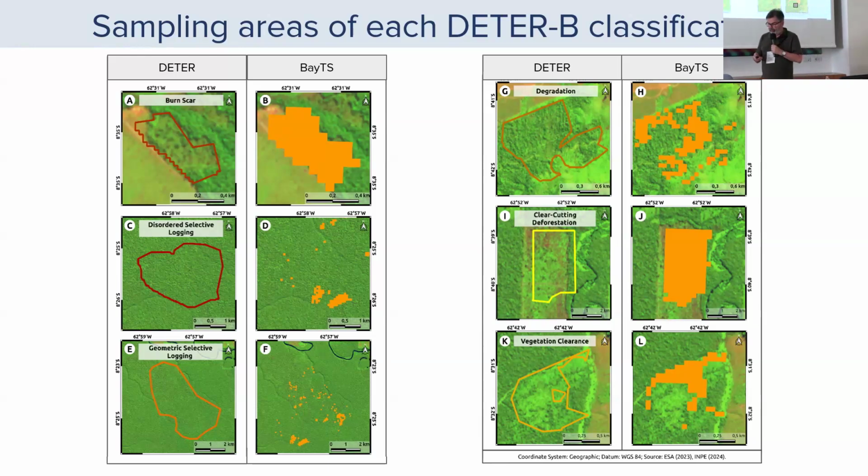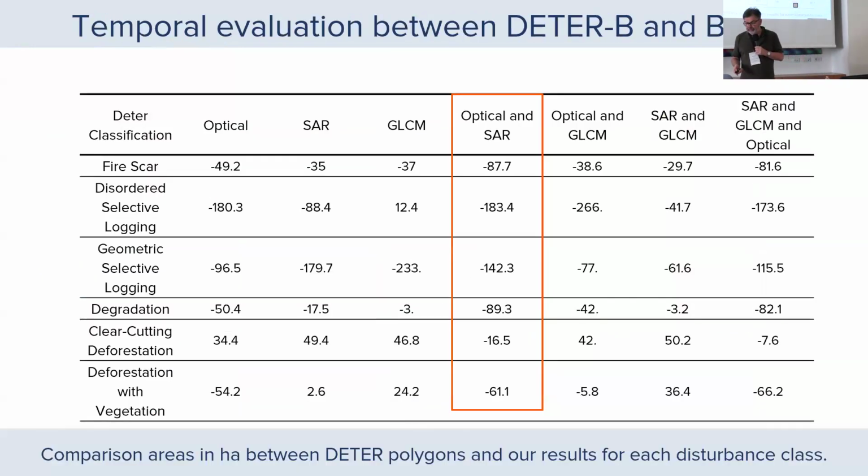But let's put some numbers into this. We tested three combinations: optical, SAR, and texture, based on a recent paper which was published by Johannes' group. And here there are two measures that we use.